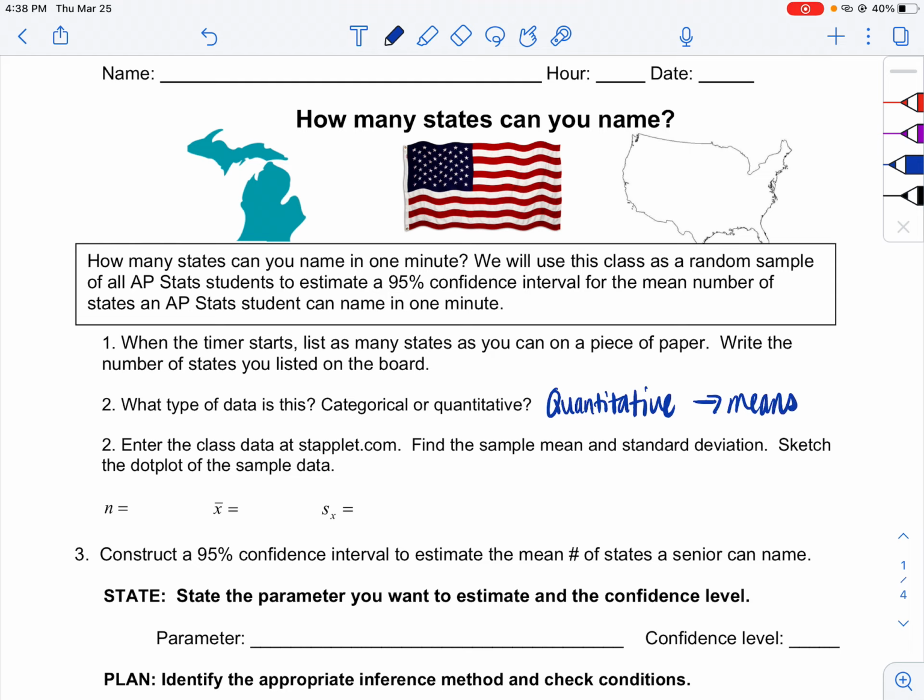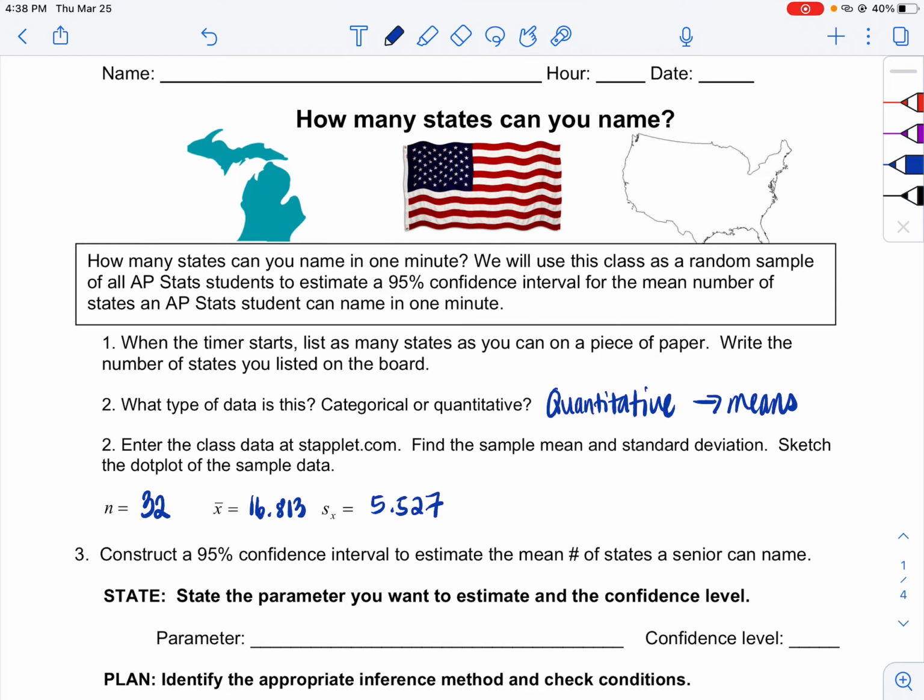For means, enter the class data at Statplet.com and find the sample mean and standard deviation. Sketch a dot plot of the sample data. I am going to provide the data that I got here from last year. We have n equals 32, a sample mean of 16.813, and a standard deviation of 5.527.